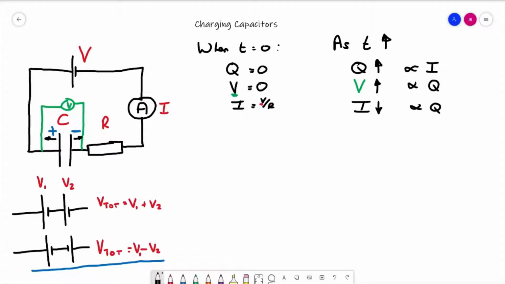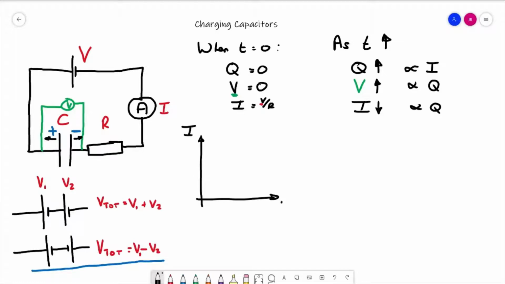One's affecting the other, one's causing the other to increase or decrease, and therefore, whenever we see that kind of argument, that one thing affects the other, which then affects the first thing, we're always going to get an exponential out of it. If we think about the current first then, well, the current's going to decrease.